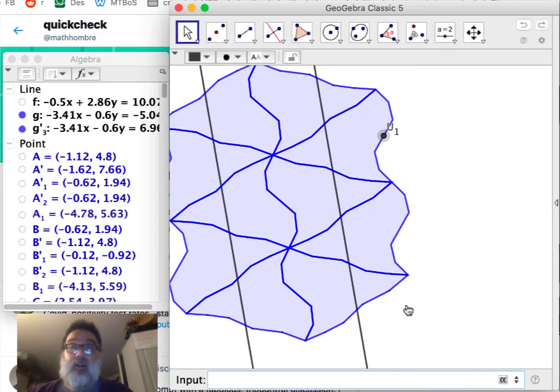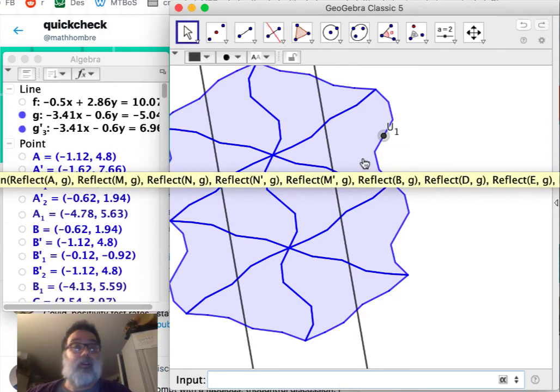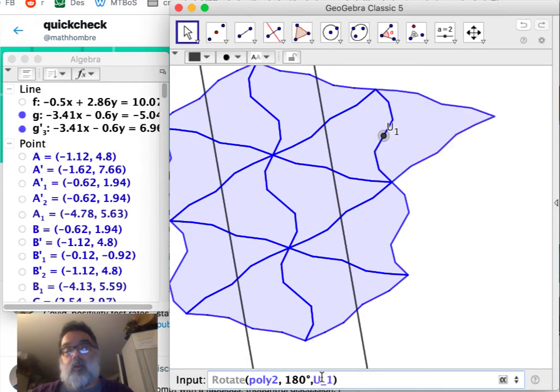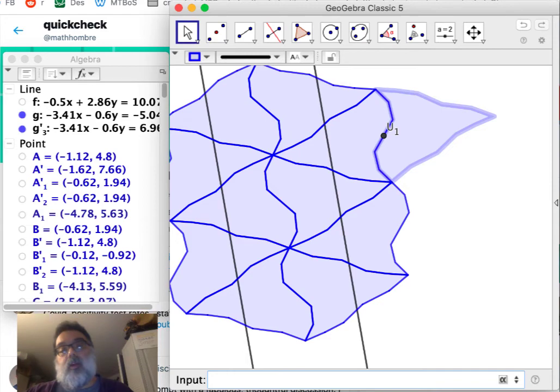Okay, and this one was called poly 2. So I want to rotate poly 2 180 degrees around point U1. And then I need the glide reflection of that, which means I need this line on the other side.